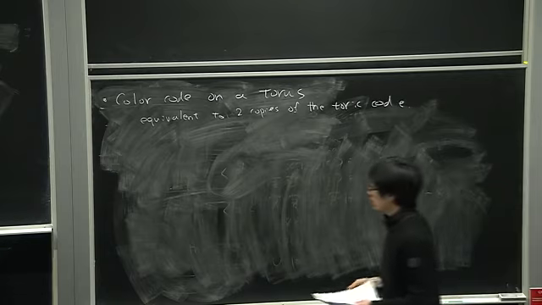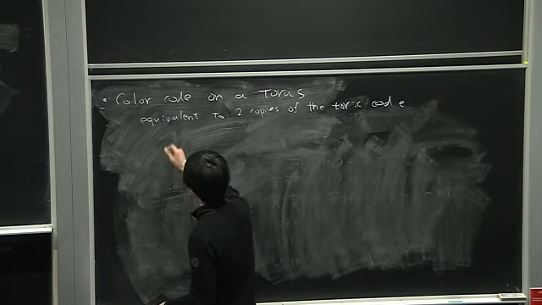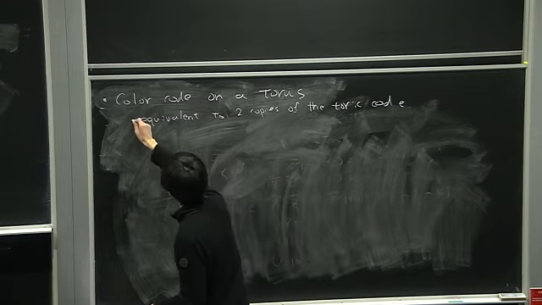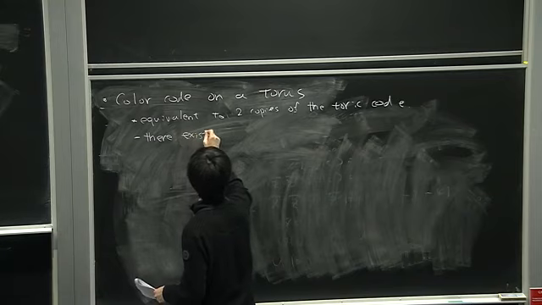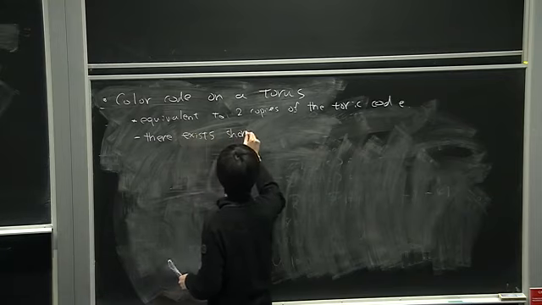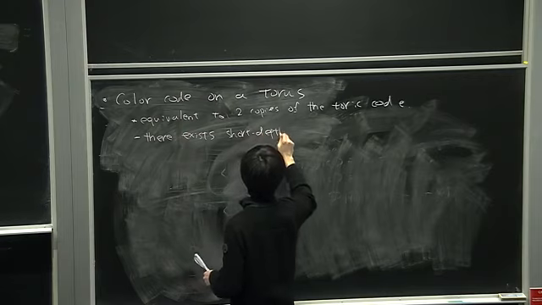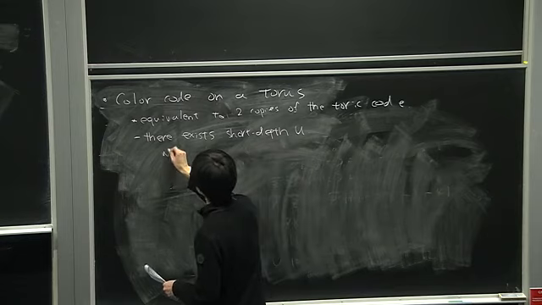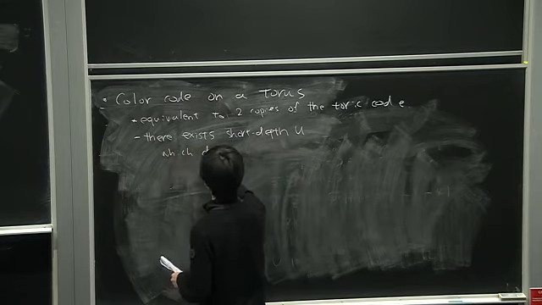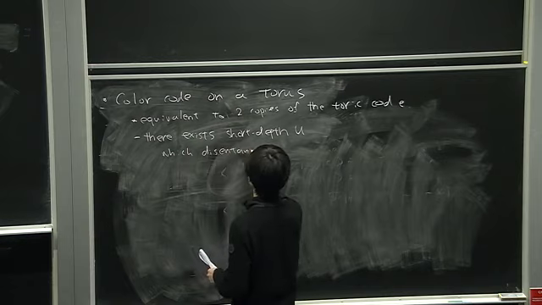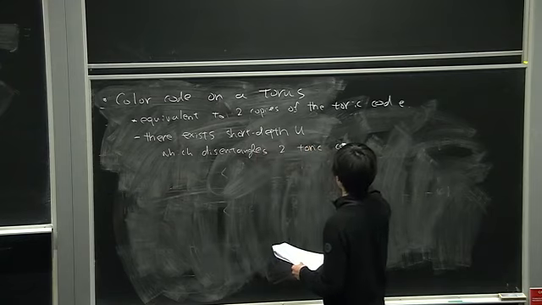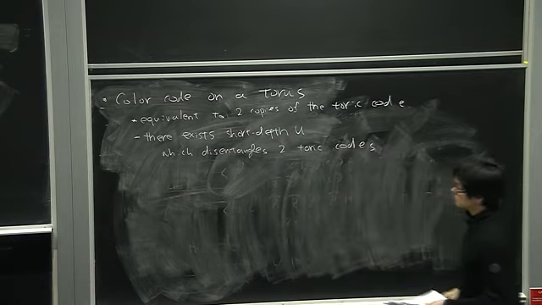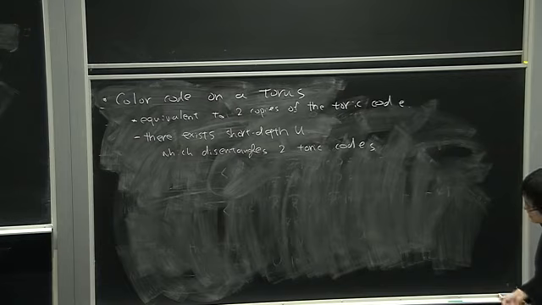In more precise language, there is a short-depth circuit that disentangles it into the toric code. So on a torus, the color code is in some sense trivial, just 2 copies of the toric code.